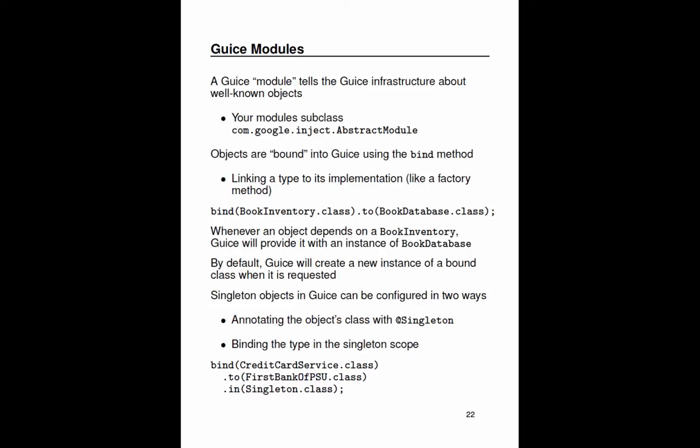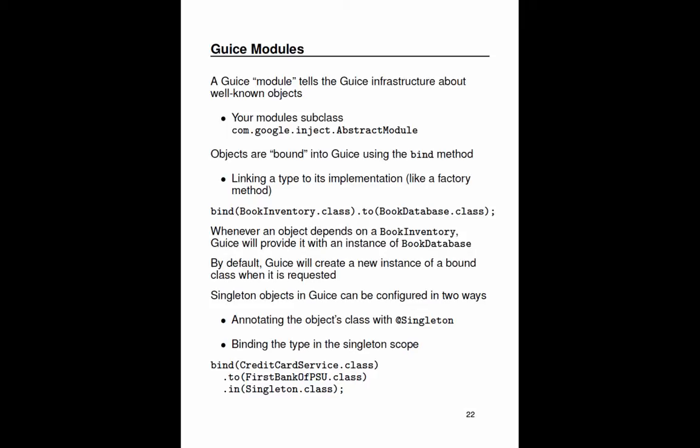So the way you can do that is by making the BookDatabase a singleton object. And you have a couple of options in Guice for doing that. You could have the BookDatabase itself advertise that it's a singleton by annotating the BookDatabase class with @Singleton. Or you can configure the fact that it's a singleton inside the module.